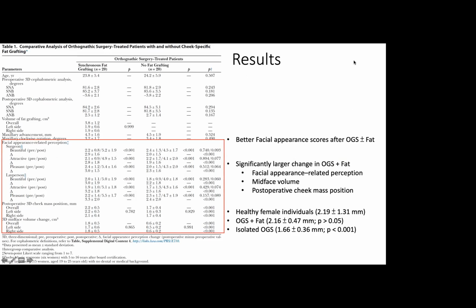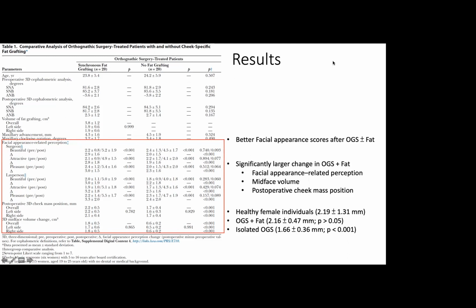There's no significant difference in maxillary advancement or the clockwise rotation between the synchronous fat group and the non-fat grafting group in OGS surgery. But we can see with the fat grafting, the synchronous group had a significantly larger change in facial appearance related perception scale and the mid-face volume, as well as the postoperative cheek mass position.